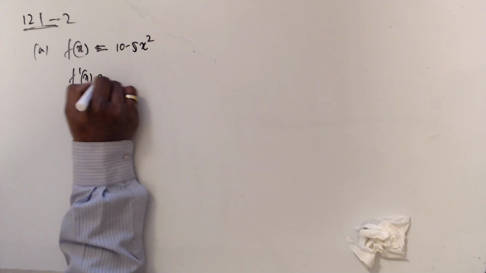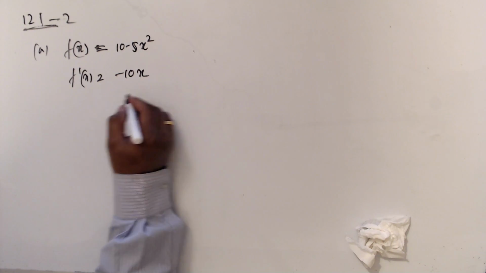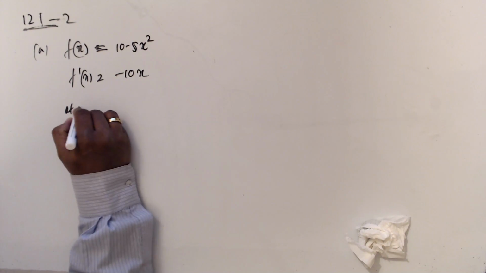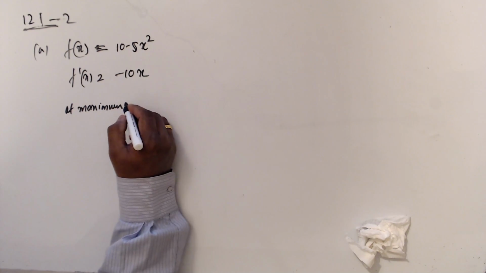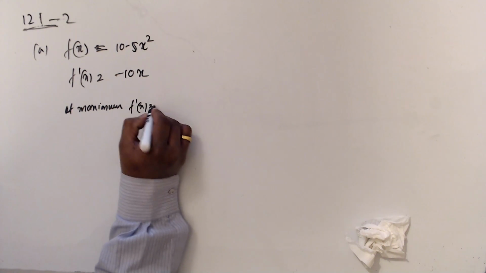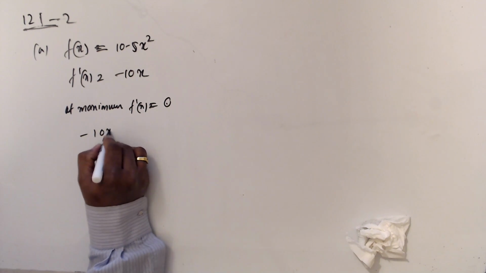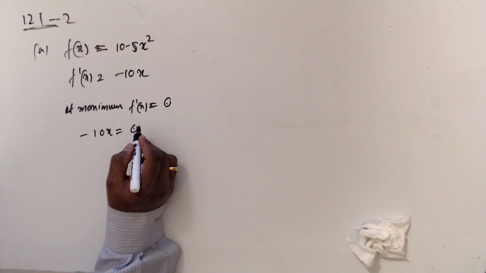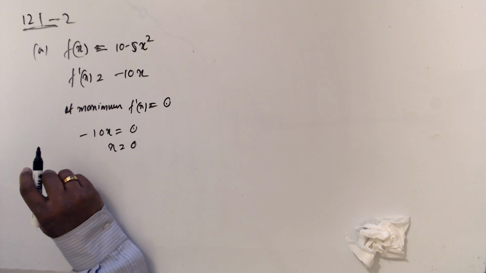If f dash x equal minus 10x, at maximum it is a stationary point and gradient has to be 0. So if f dash x equals 0, it means minus 10x equal 0, x equal 0.